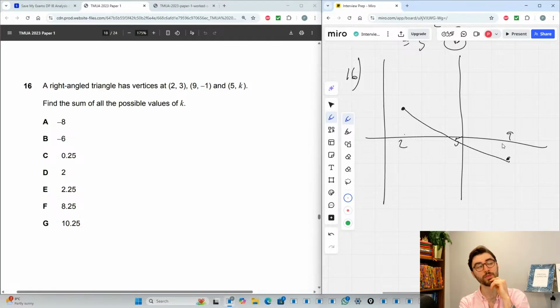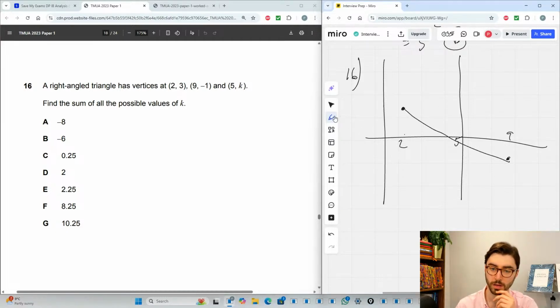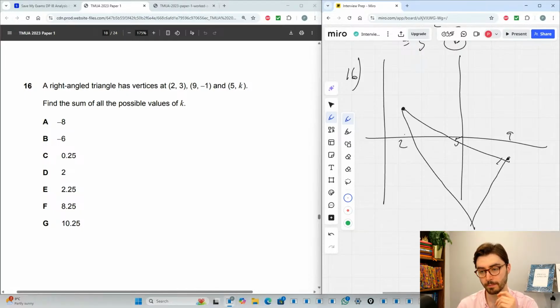So where one of the sides of the triangle is the diameter of a circle. So I could draw one. So I could draw a right angle like that. That could be one of them.